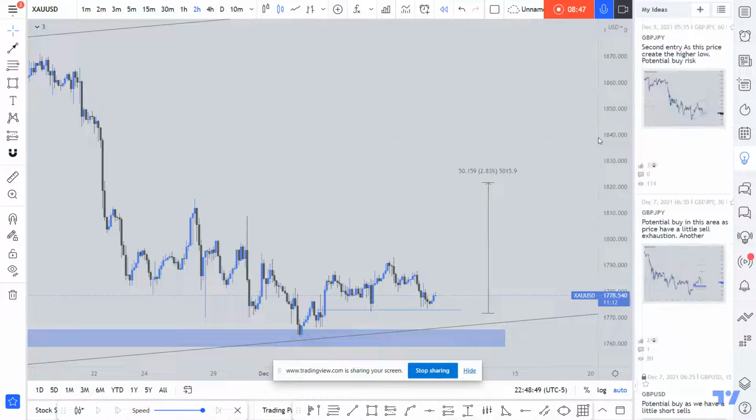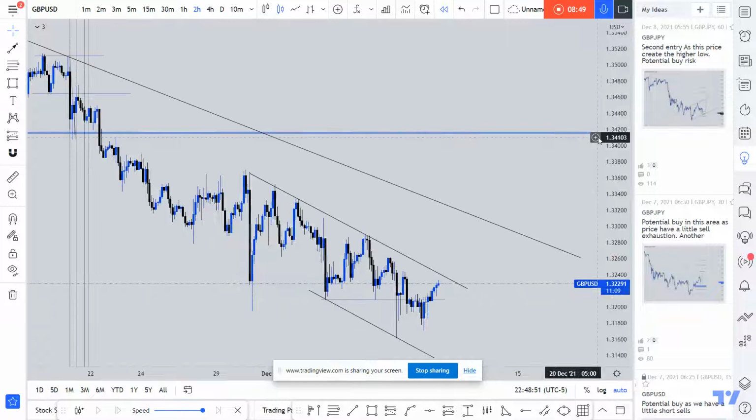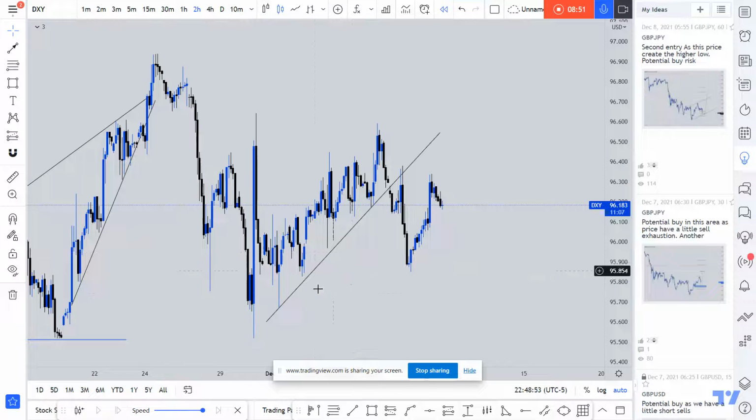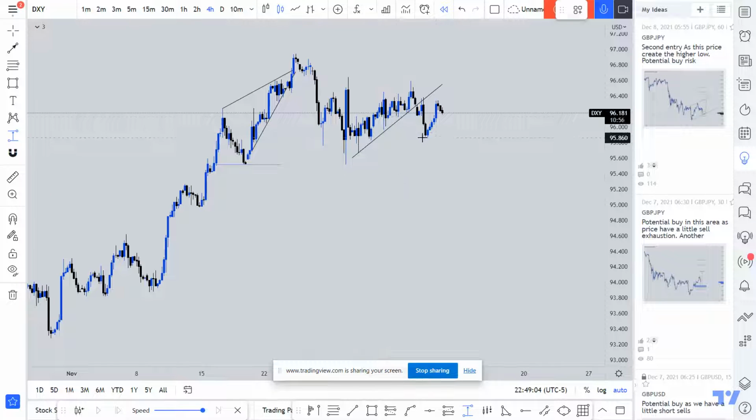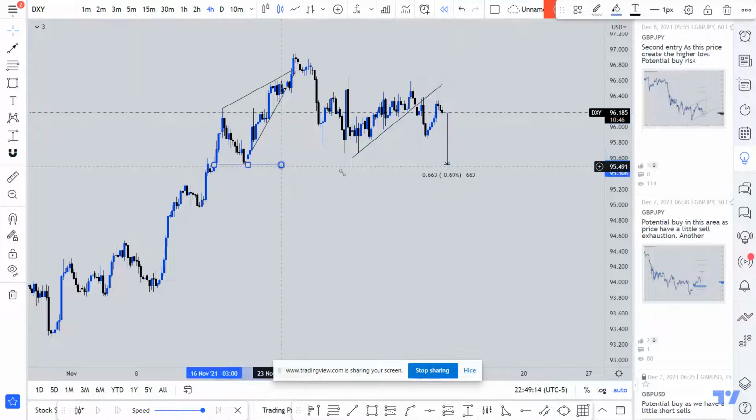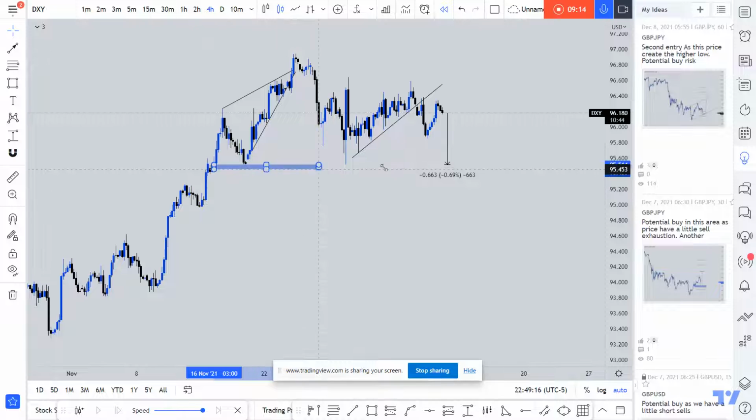When you look at DXY, it pretty much looks like it's about to sell. I think it's been bullish. DXY is still bullish on the daily time frame, but we might be having a short term sell to either this level right here or this resistance support zone.